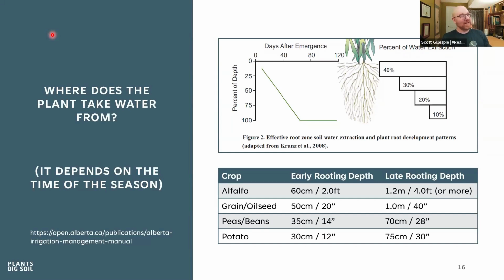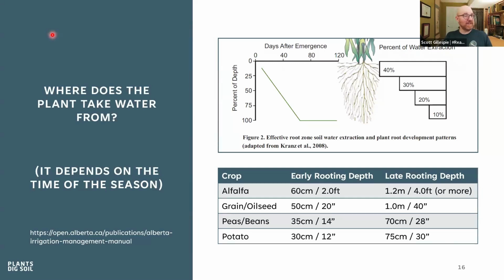So that's the ideal case where you start out with a full profile, and of course early on it doesn't have the roots down deeper, so you keep replenishing it, but then as long as it has that pathway, because if it's wet on top and then dry and then wet below, it's not going to be able to get to it.